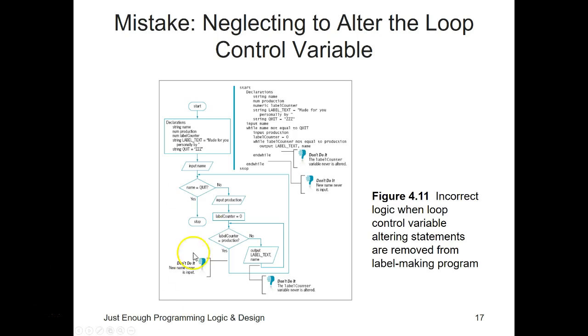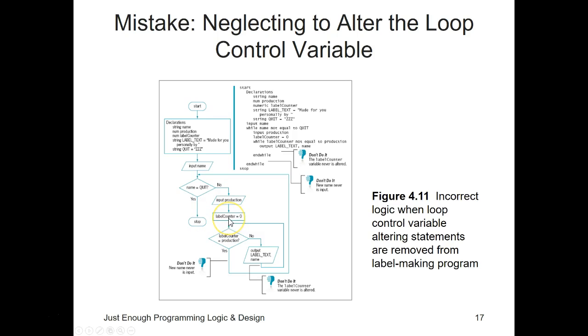So here we do take an input, same program. We take an input for a name. Well, okay, that's good. And we could escape that way, because if they don't want to ever run that program, they could do it. I have another problem, though. Here we're going to input production.